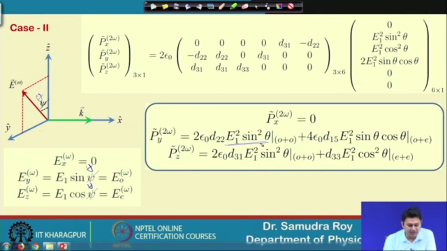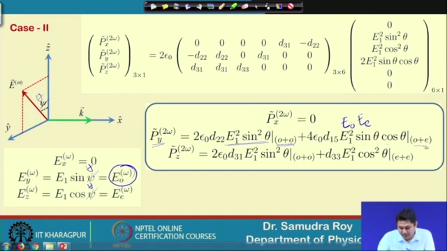that E 1 square sin square theta is basically the components of ordinary wave. So, 2 ordinary waves are merging to generate the polarization along y direction. Also here we have E 1 square sin theta cos theta. So, that means here we eventually have one ordinary component of field, one extraordinary component of field.